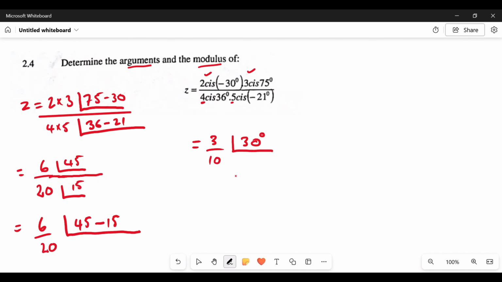So guys, this is basically what the answer is. You can write modulus is 3 over 10, and argument is 30 degrees.